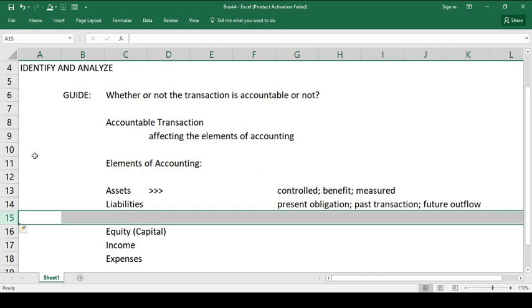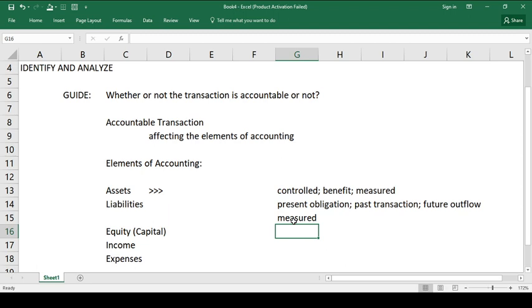Okay? And the last characteristic of a liability, that it can be measured. Dapat meron ding measurement ang liability. Apat po ang dapat nating intindihin or dapat parating ilagay sa ating utak that a liability is a present obligation coming from a past transaction, and later on in the future there will be an outflow of resources.